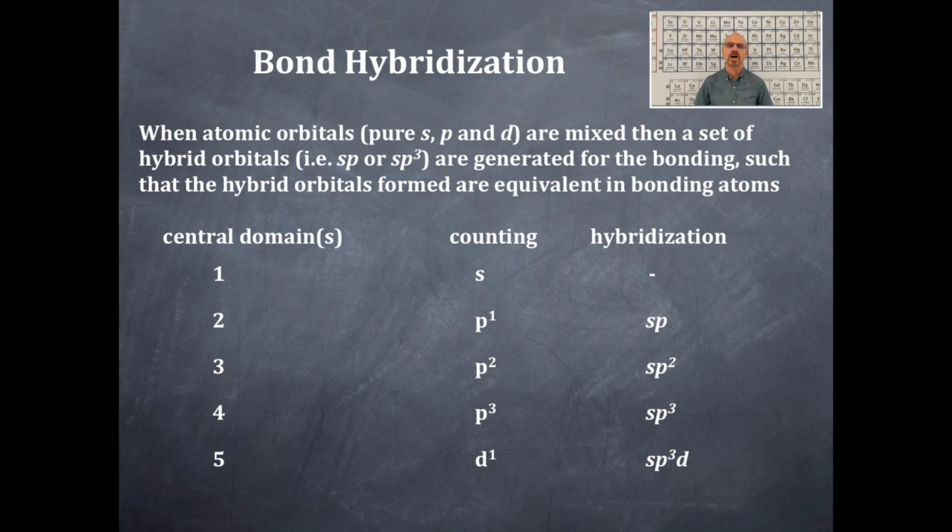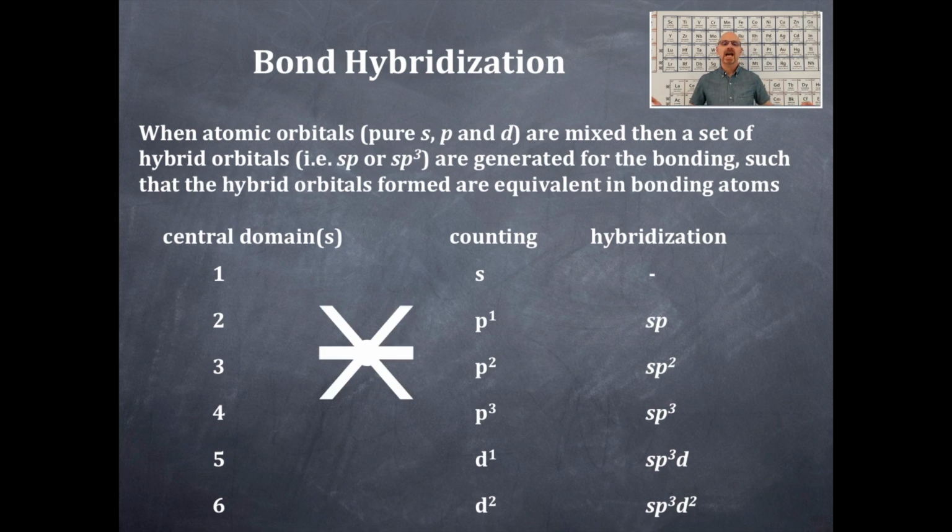We forget about the 1. And then the last possibility is with six domains around the central region. This is that octahedral structure, and that's going to be s, p1, p2, p3, d1, d2, and we call that sp3d2 hybridized.